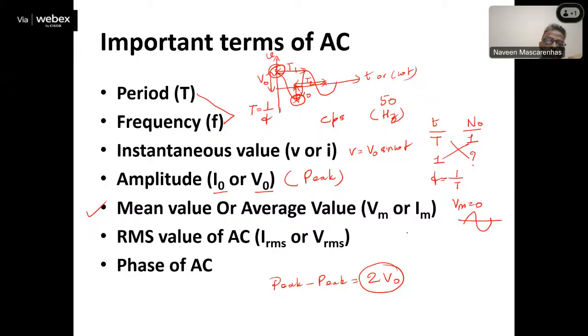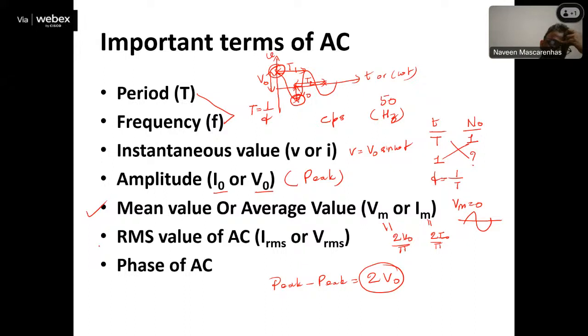So the average value over half a cycle, you all must be knowing, Vm is equal to 2V0 by pi. Or Im is also equal to 2I0 by pi. Okay. So that's the definition of average value. Remember, average value is defined over half a cycle. It is not defined over a full cycle, because over a full cycle the value is going to be 0.